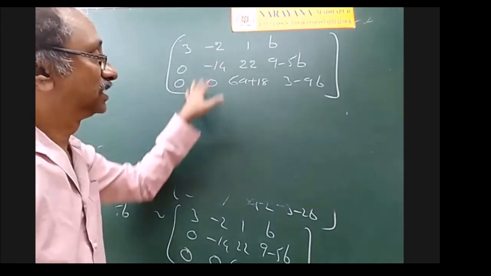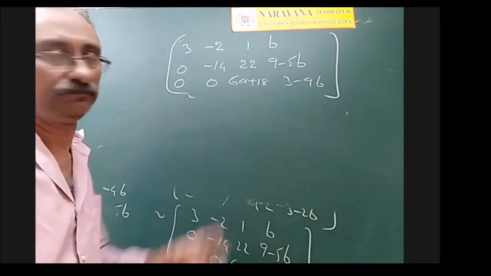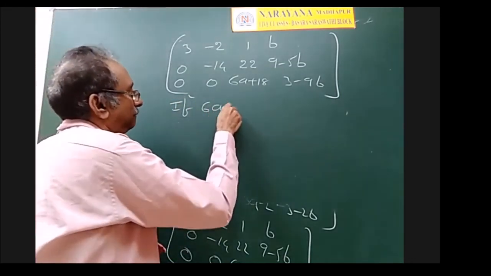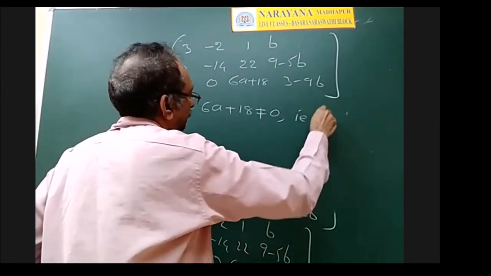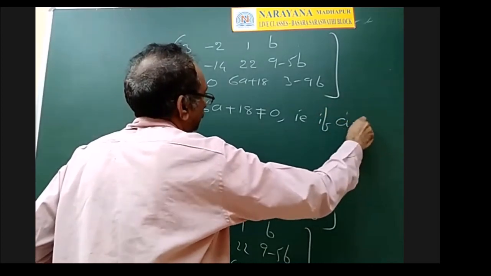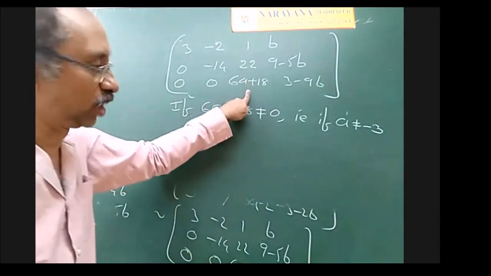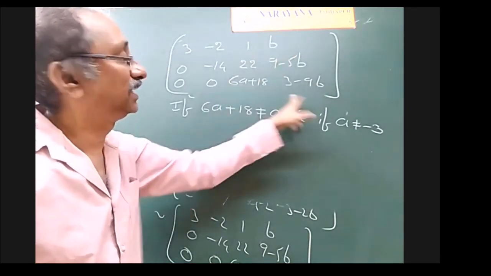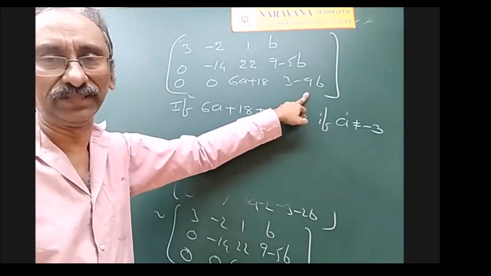That means rank must be 3, so it should not be equal to 0. Therefore, if 6A plus 18 not equal to 0, that is if A not equal to minus 3, definitely this is non-zero. So rank of A is 3, automatically rank of AB is also 3. Whether it is 0 or non-zero, we don't bother about that.